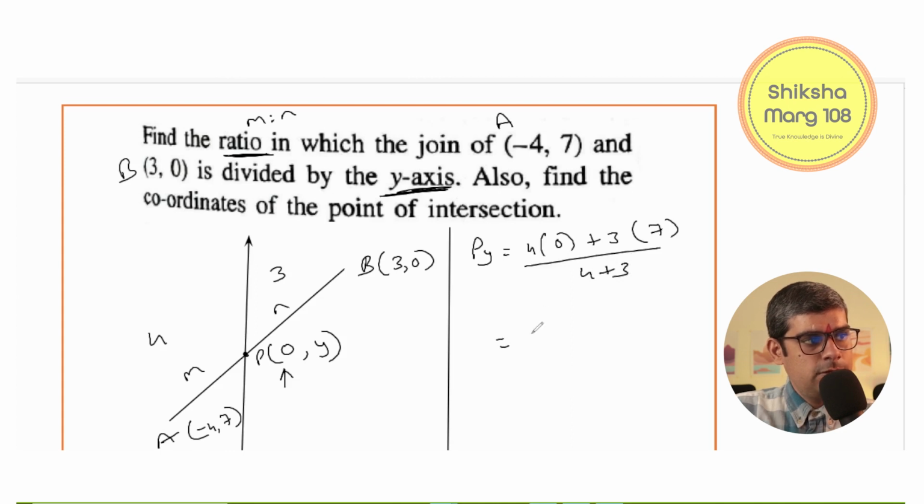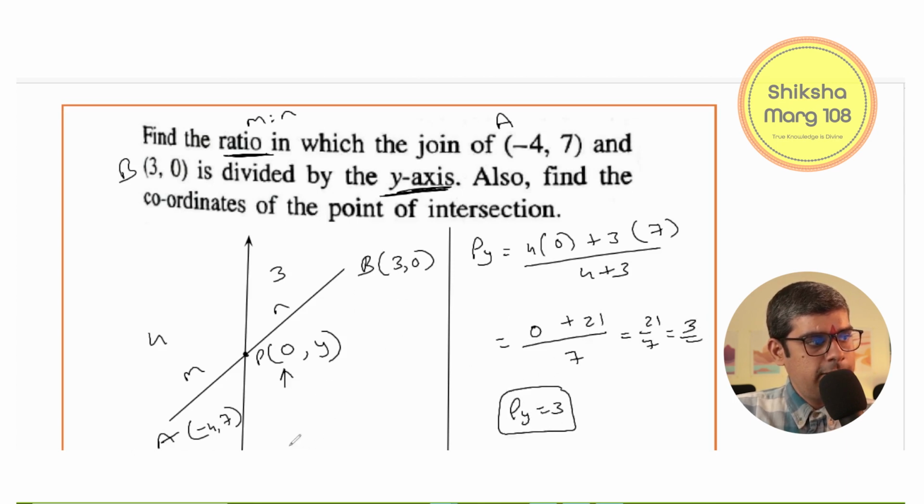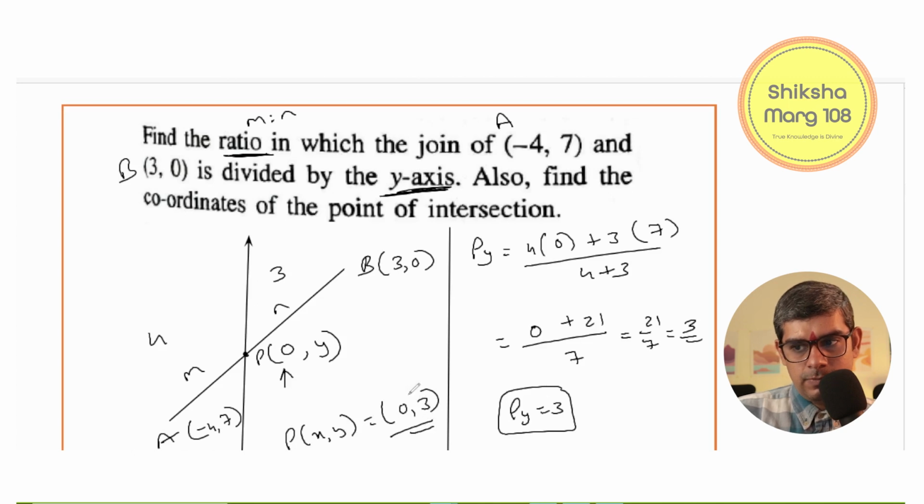So that's going to be 4 times 0 is 0, plus 3 times 7 is 21, the whole upon 4 plus 3, which is 7, so 21 over 7, that's going to be 3. So we got the y coordinate, which is 3. So the coordinates of the point P, x y, would now be 0 and 3.